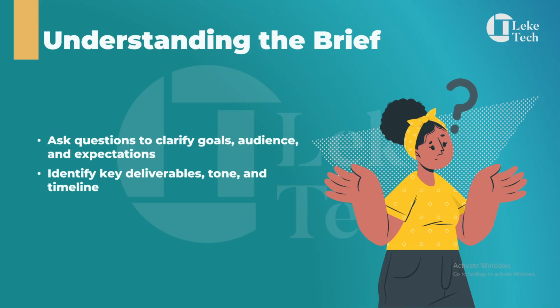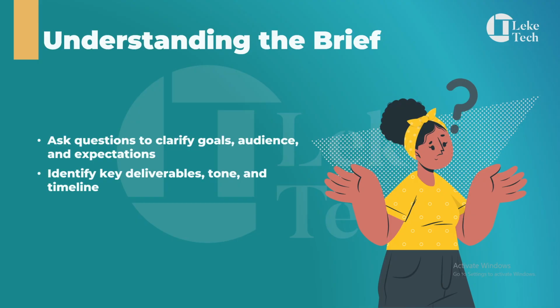So that's what we talk about by clarifying goals and expectations. Sometimes clients have an idea of what they want, but the idea isn't really clear. So it's up to you to take that rough idea and polish it.